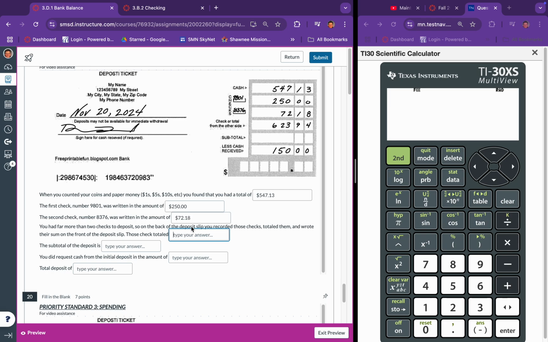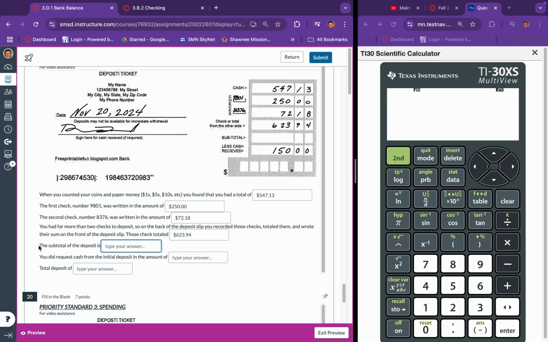So on the back of the deposit slip, you recorded those checks, totaled them, and wrote their sum on the front of the deposit slip. Those checks totaled $623.94. So again, we're just pulling information.